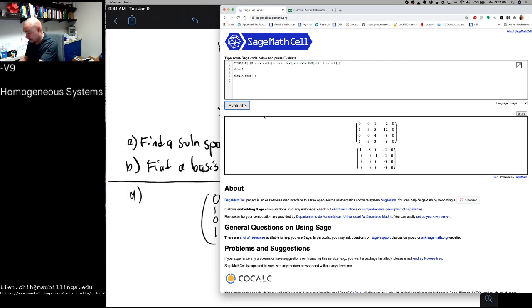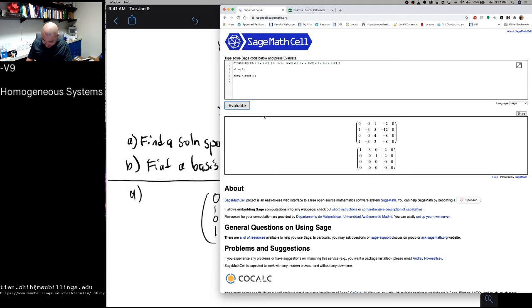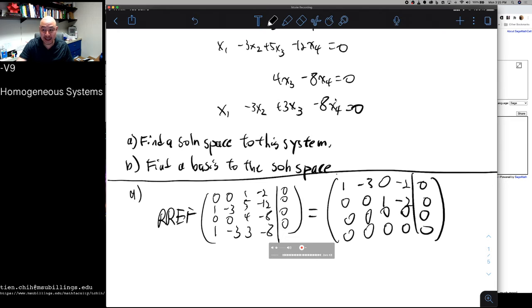I end up with the reduced row echelon form is 1, minus 3, 0, minus 2, 0, 0, 0, 1, minus 2, 0, and then 2, 0 rows. All right, so this is our reduced row echelon form.